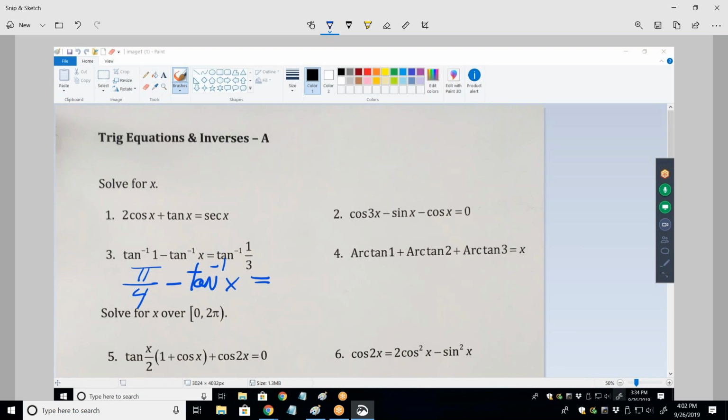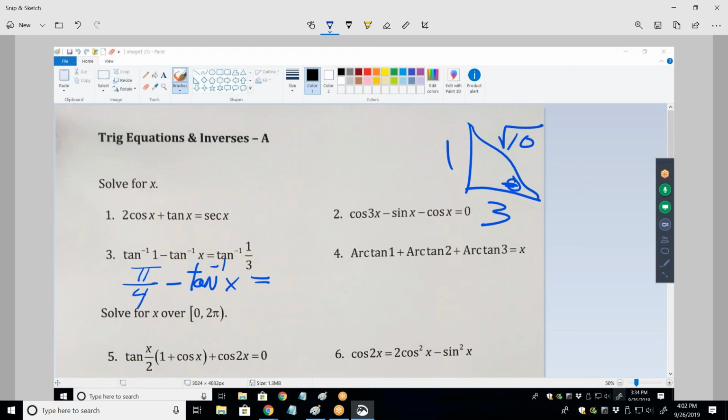That's why I asked you if you could use your calculator. Let's see, what angle is that? That would be 1, 3, square root of 10. So it's that little angle right there. The tangent of theta would be equal to 1 over 3.